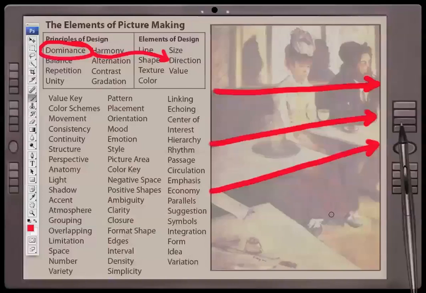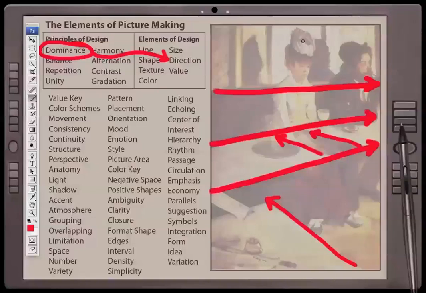Every good composition will have dominant and subordinate directions, lesser directions. Those lesser directions are set up here by this edge of the table moving in the opposing direction to the dominant direction, as well as these other diagonals over here. So those are the subordinate directions.